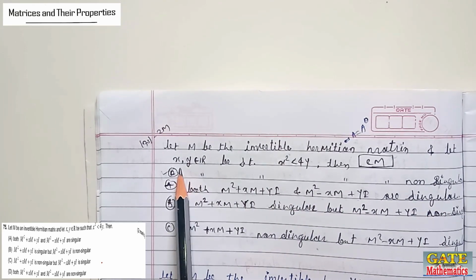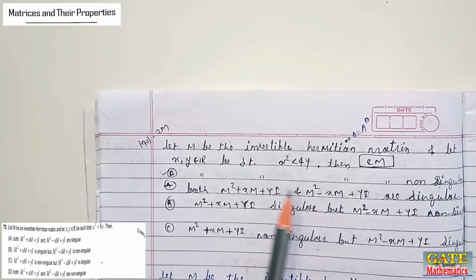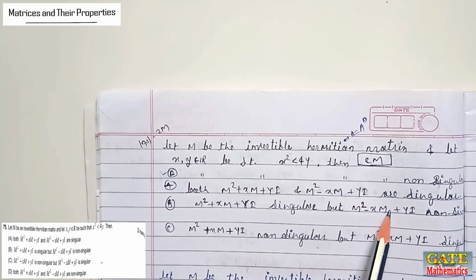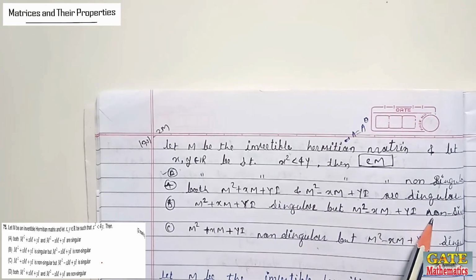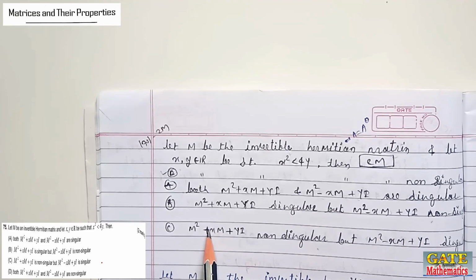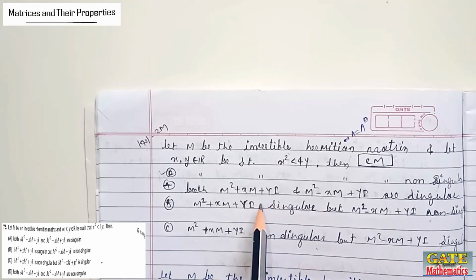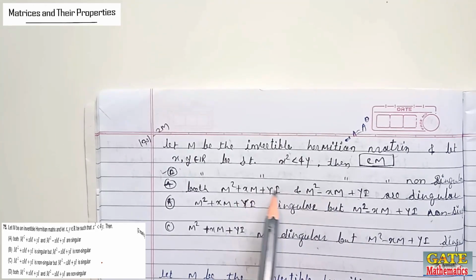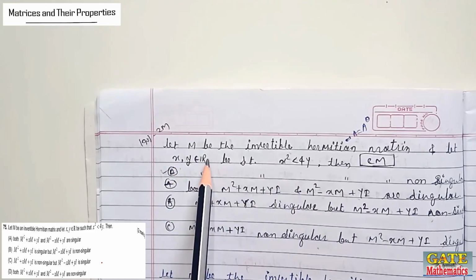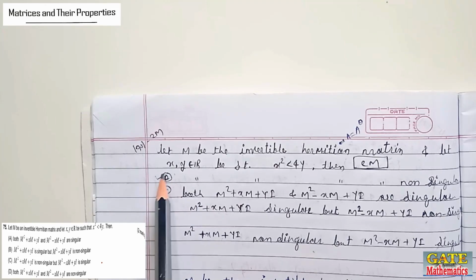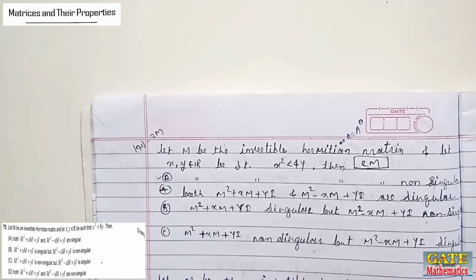That means if A is true, then B is wrong, or if B is true, then A is wrong. Next, the first is singular but the second is non-singular. The fourth option says that the first is non-singular and the second is singular. So we have to find their matrices by using our given condition, and figure out which one of the four options is correct.